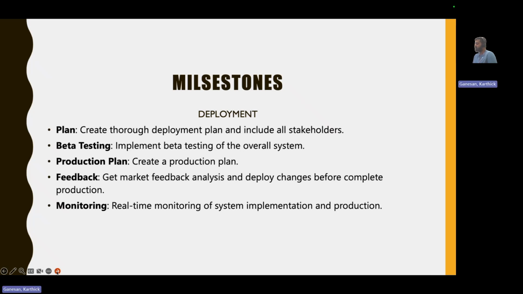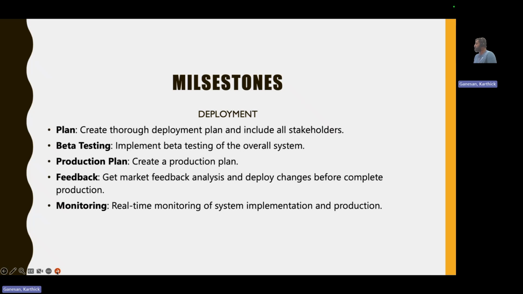Next comes the most important milestone, which is the deployment milestone. Before the deployment milestone, the QA milestone should make sure that the risks are anticipated and avoided, as well as the bugs and any kind of anticipatory errors are noted down.